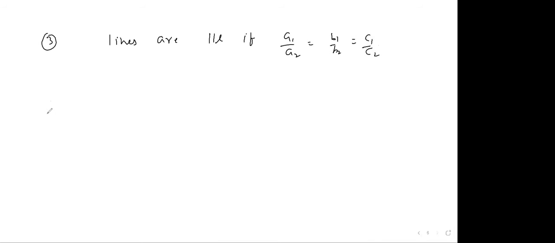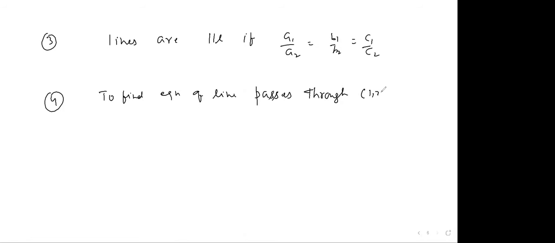Find the equation of the line which passes through the point (1, 2, 3) and is parallel to the vector 3i plus 2j minus 2k.